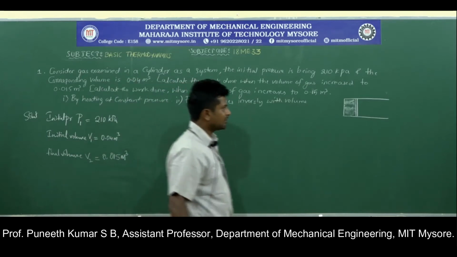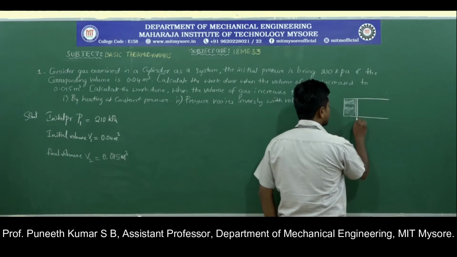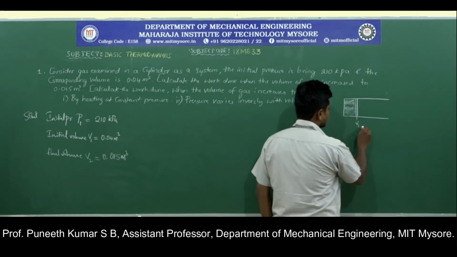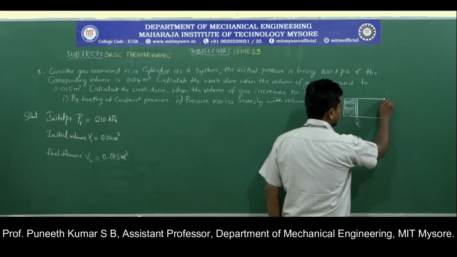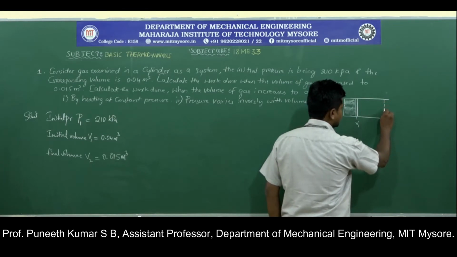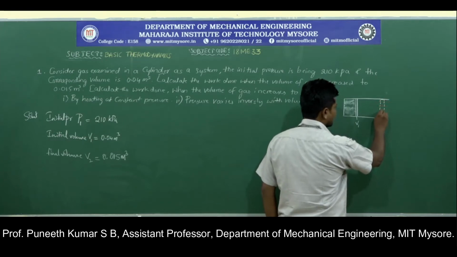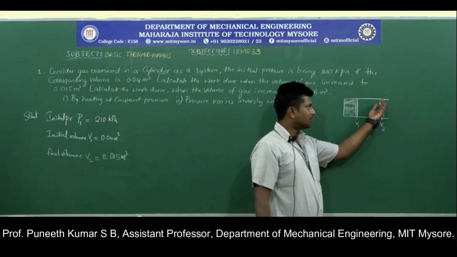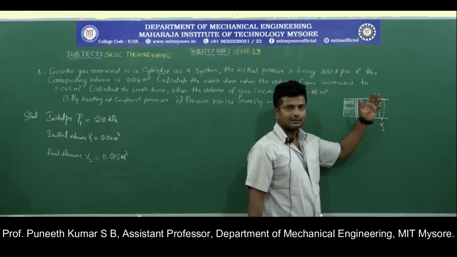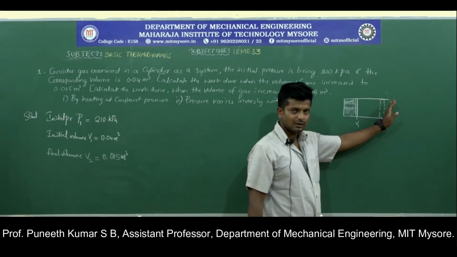So let us picturize the problem. I will write the initial volume as V1 and the final volume as V2, and this dotted representation of the piston represents the position of the piston in the final position, when the process is completed.